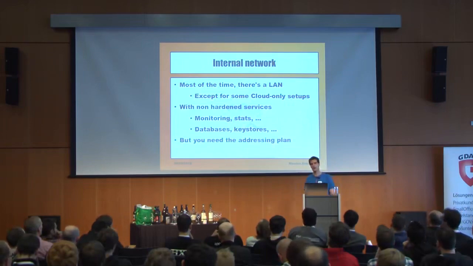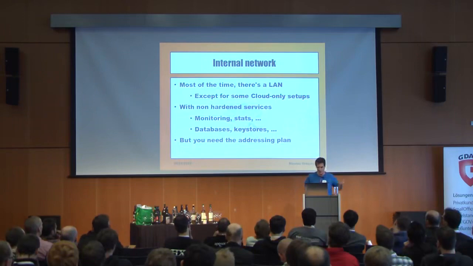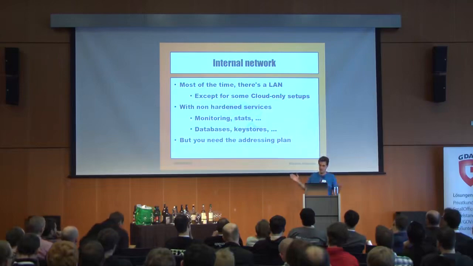But you need the addressing plan. I mean, you need to know the network range in use, and if your company is using something like the 10.0.0.0/8 network, then you really need to find some information about your target, because you can't port scan this kind of network.